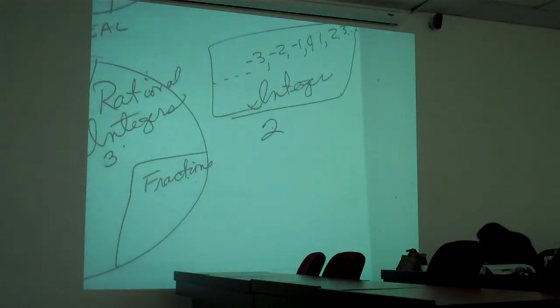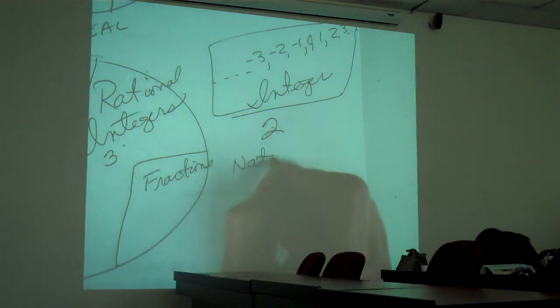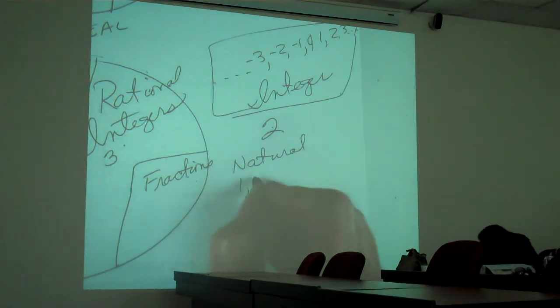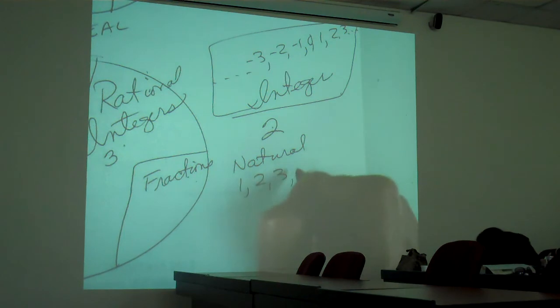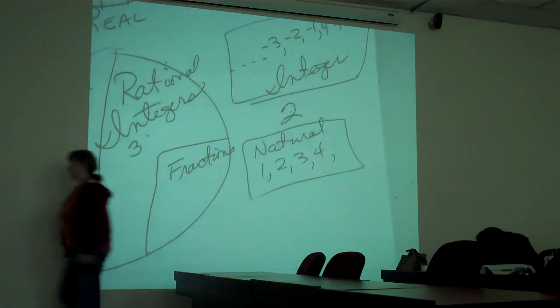And then you have your natural numbers. They just start at, is it 0 or 1? 1. Natural numbers start at 1. 0 is not natural. So there's your natural numbers. Your whole numbers, they start at 0.